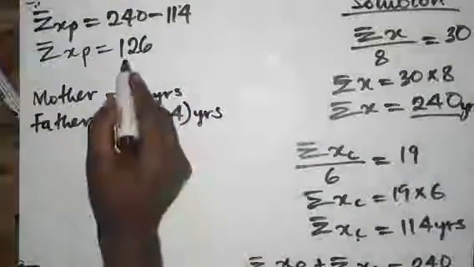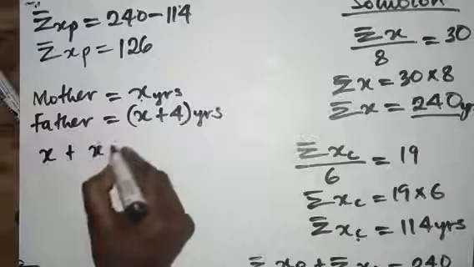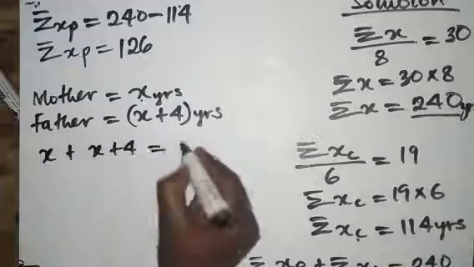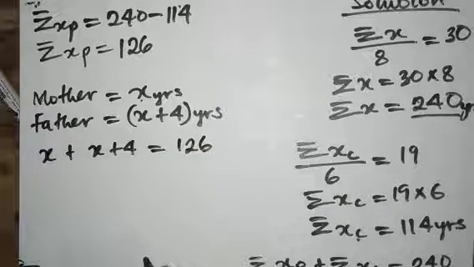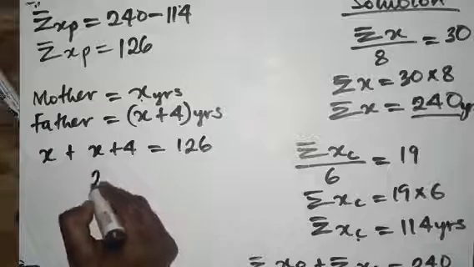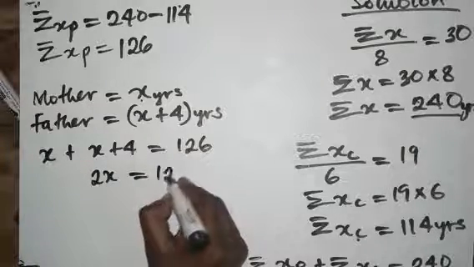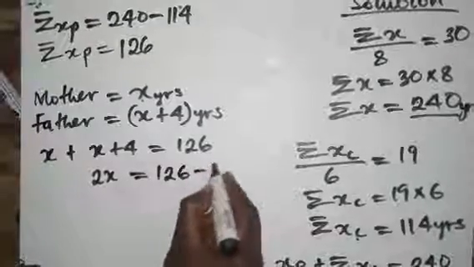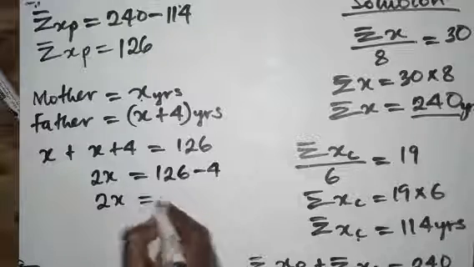And we say the sum of their ages, that is X plus X plus 4, is equal to 126. That is the total sum of the ages of the parents. So we get 2x equals 126 minus 4.